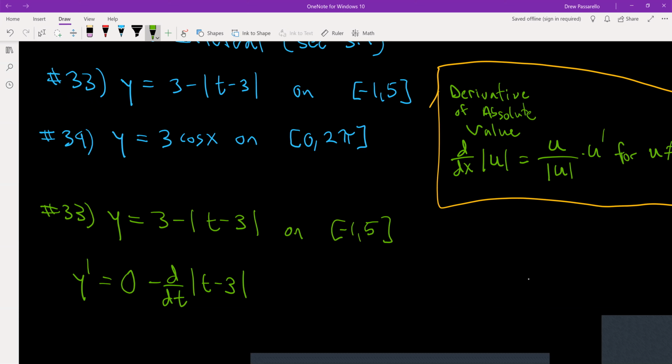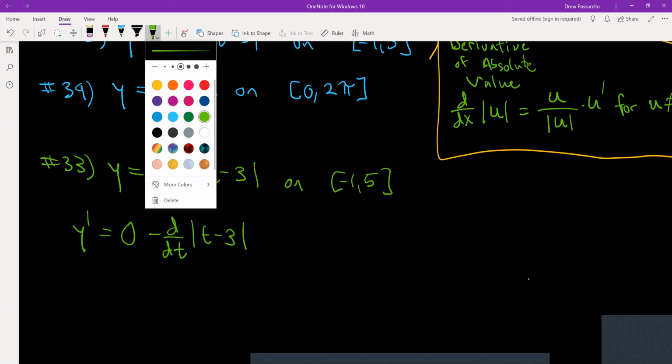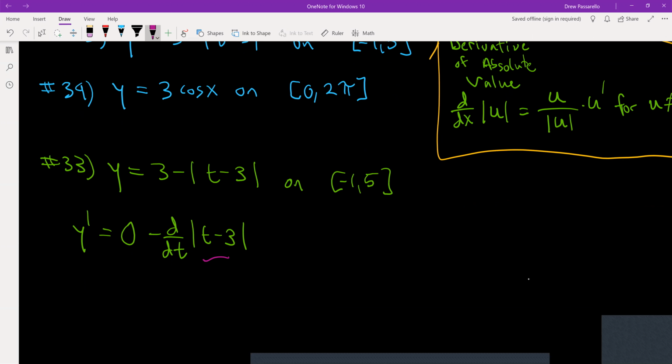In this case, our u is t minus 3. So for u prime, technically the derivative of t is 1, so it'd be 1 plus 0 because the derivative of negative 3 is 0.